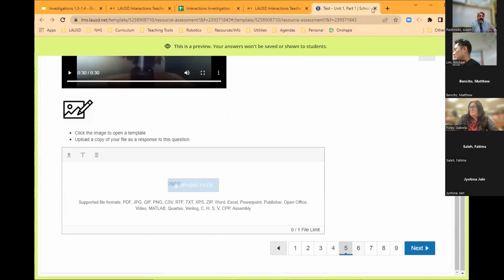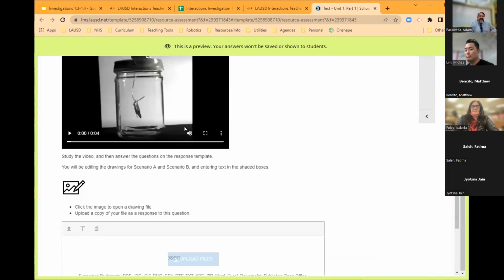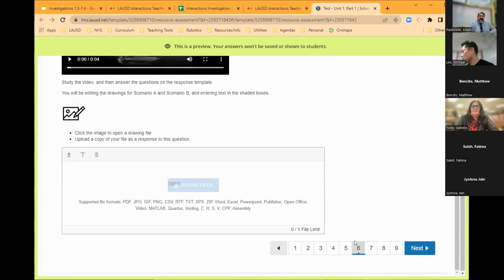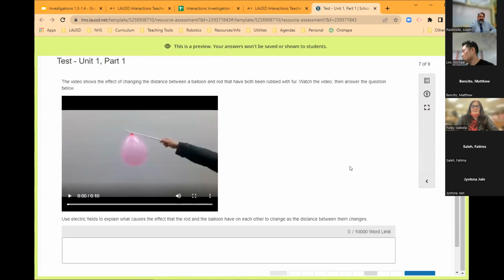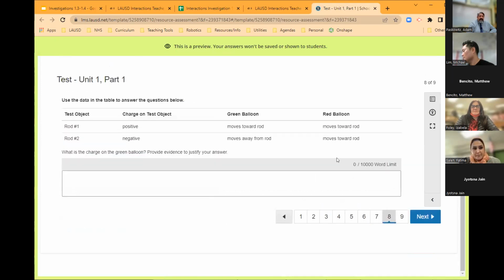And this test is available. There are a few more questions. This is again showing that like charges repel. This is showing, because we use balloons and rods, what happens with those. And then this is again following up on that balloon and rod question.